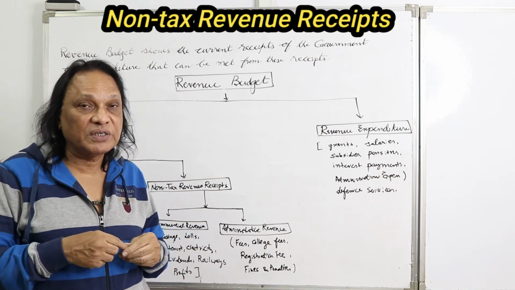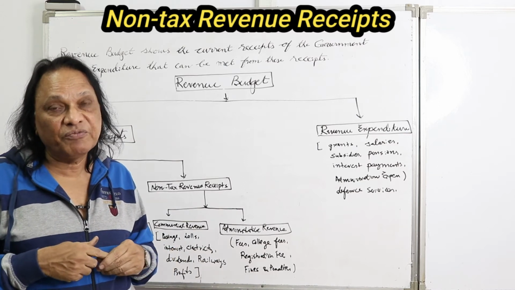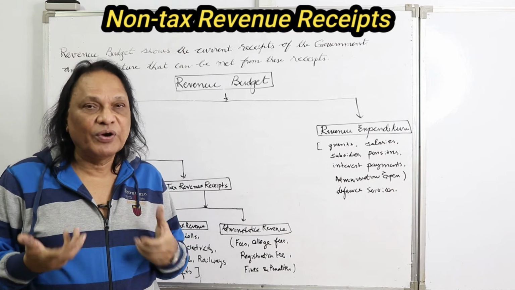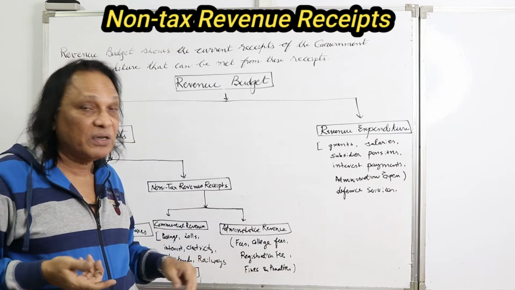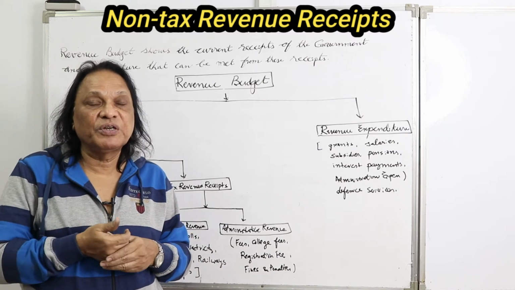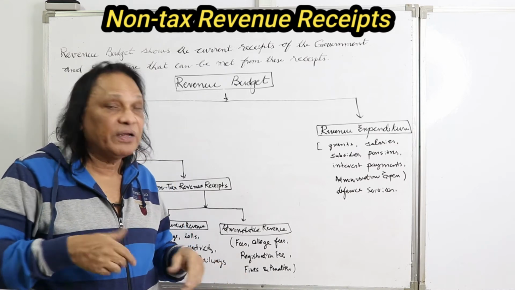Government colleges, they charge some money, that's college fees. Registration fees. This registration can be for property, can be for a firearm, for anything. You have to pay some registration fee. Fines and penalties, the fines which we pay to the government when you jump a red light or when you commit a crime, fines and penalties.